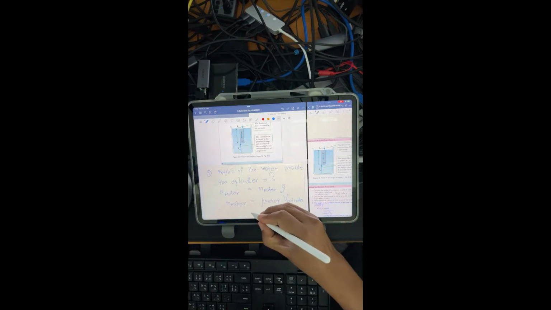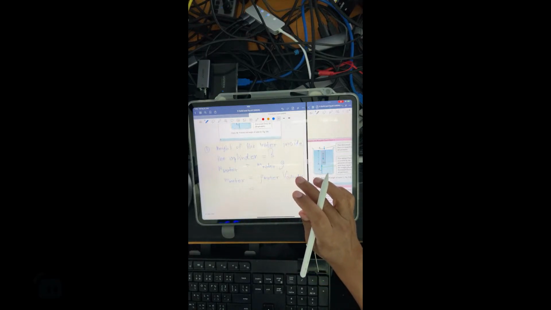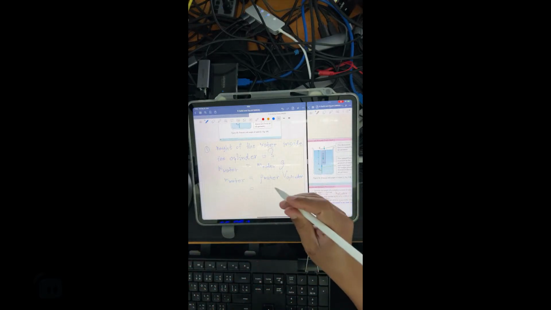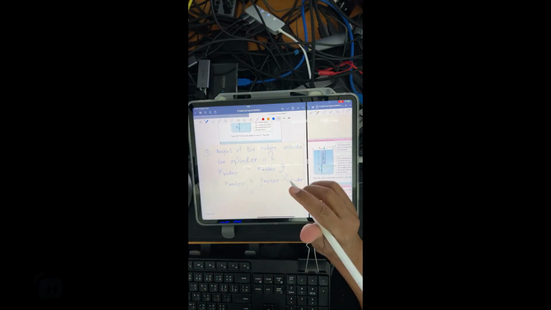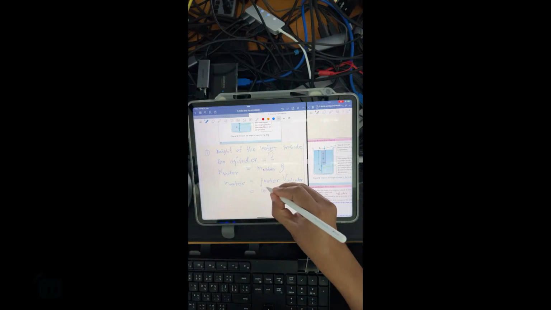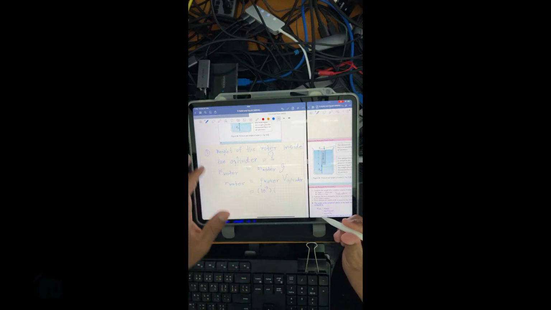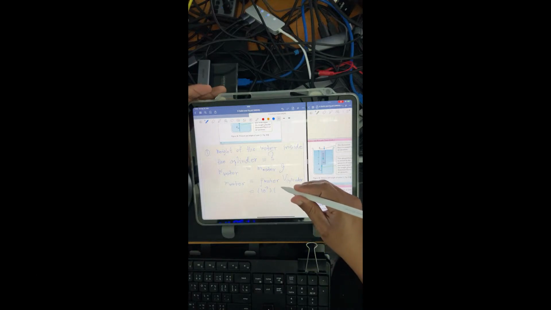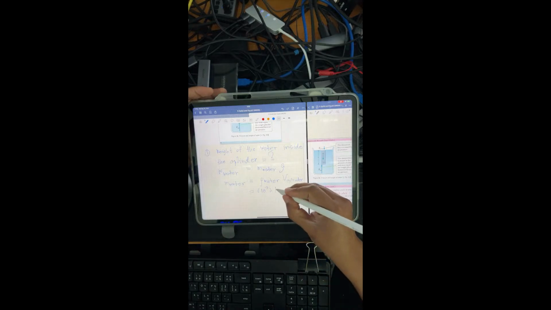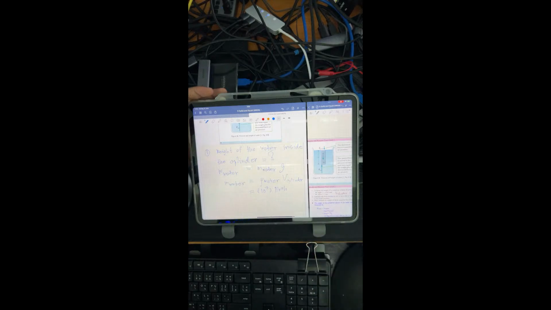M water is rho times V, right? Density of water is 1000, times volume of this cylinder. And what is the expression of cylindrical volume? It should be pi r squared h, the cross-sectional area times the height.